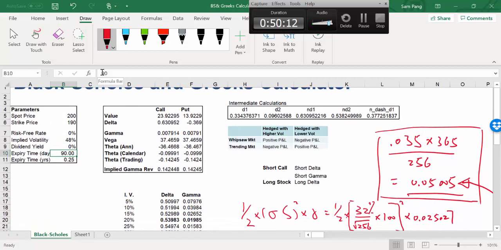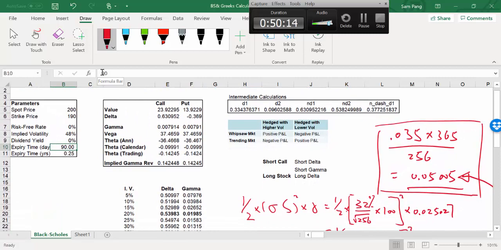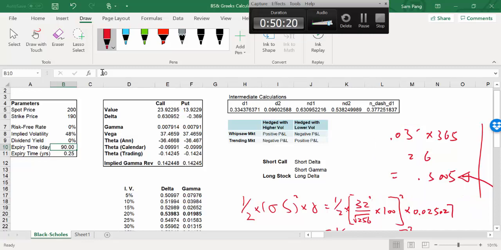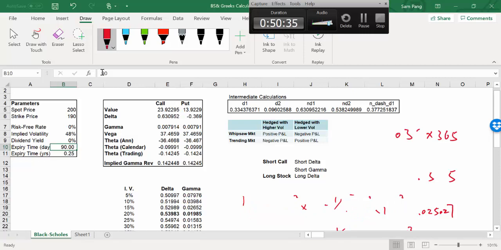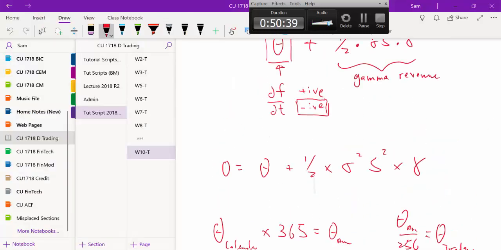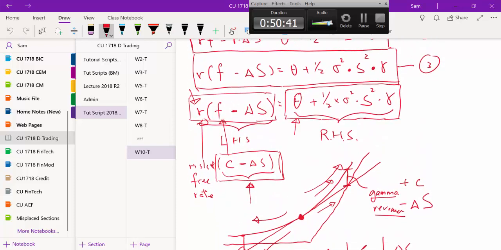Now, we got a few things to work on. I want to re-emphasize that even when interest rates are not zero, this still works, but it just makes it a lot simpler. When interest rates are zero, the term on the left-hand side actually disappears.